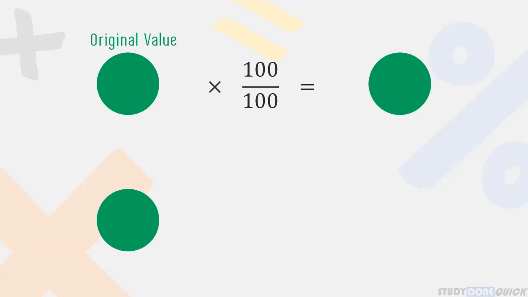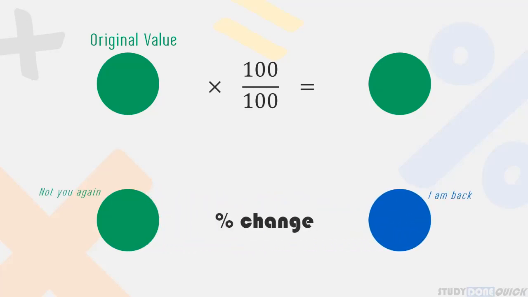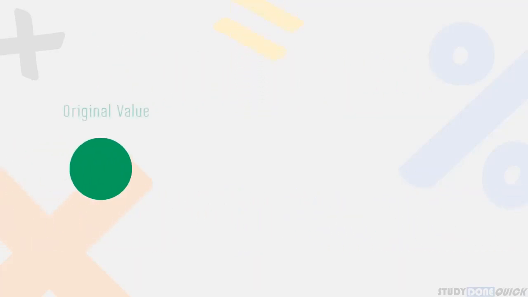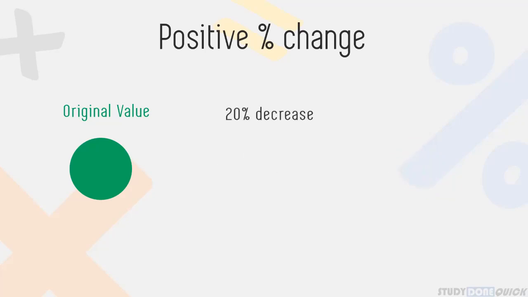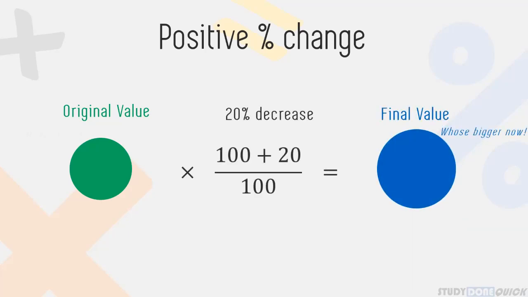The basic structure of problems on percent generally comprises an original value which goes through some change in percent and turns into a final value. This change can be either positive, where the original value, which was 100 by 100 of itself, increases by some percent and gives a bigger final value.